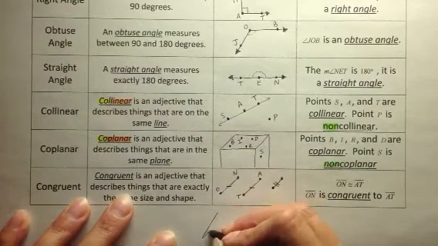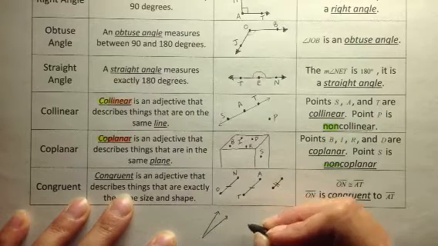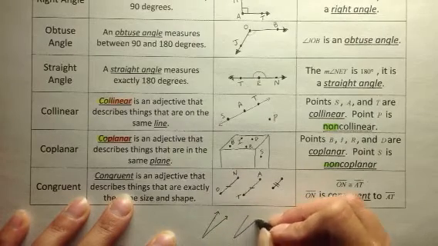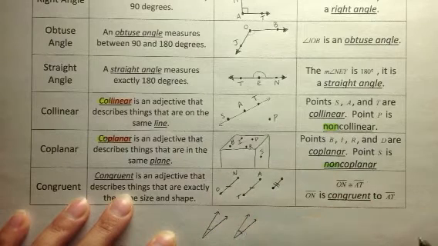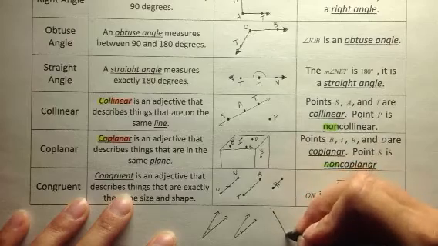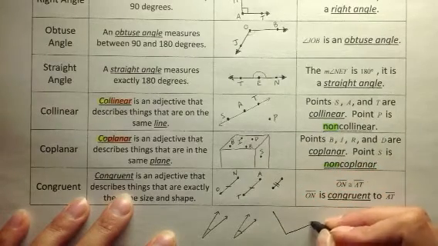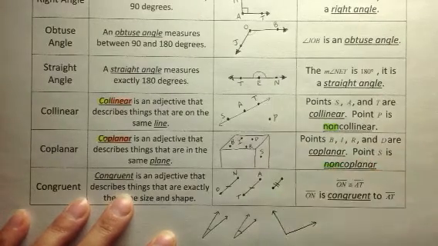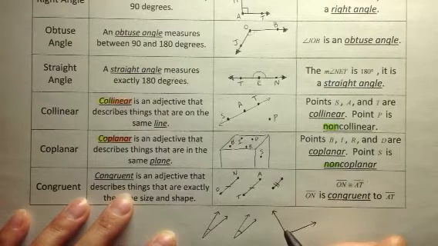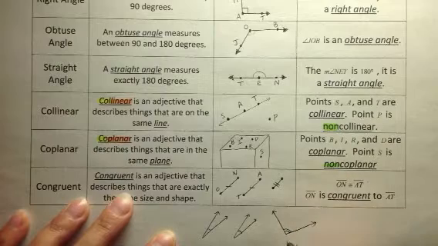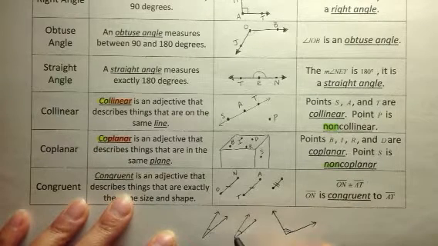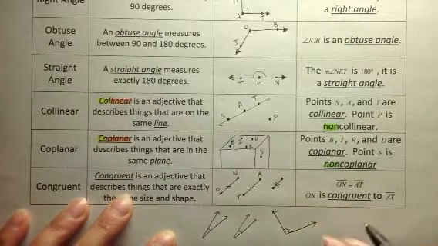If I had 2 angles that were congruent, the symbols I would use is I would put 1 mark in each one of them. And then if I had another angle that had a different measure, length would be for a segment, I might put 2 marks in that one to say, well, okay, these two are the same, but this is some other measurement.